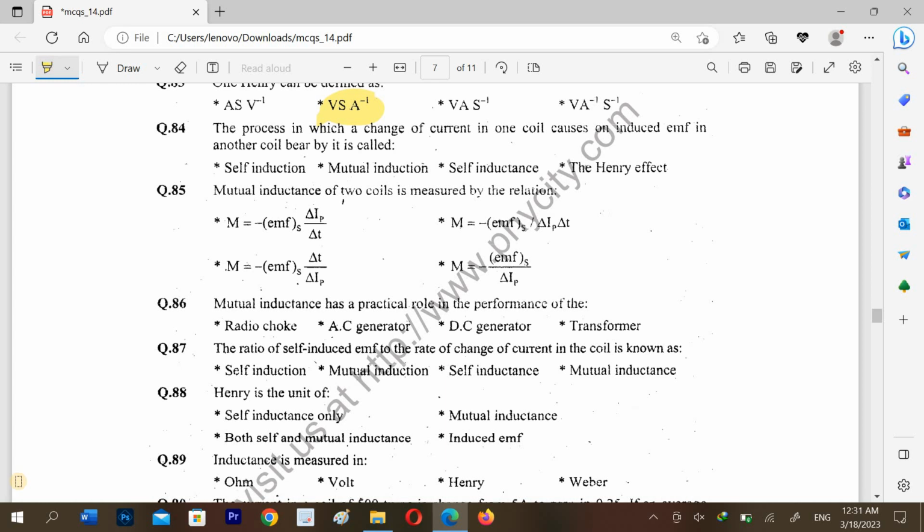The process in which a change of current in one coil causes an induced EMF in another coil nearby it is called mutual induction.